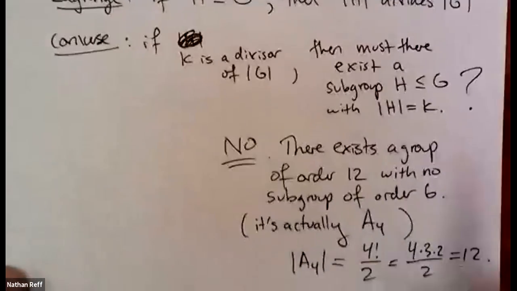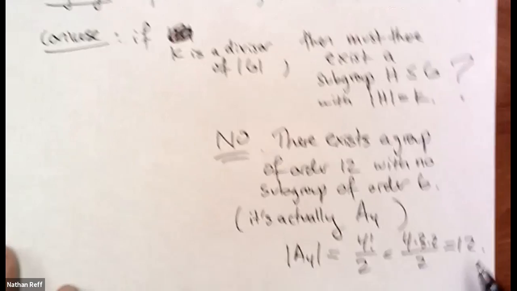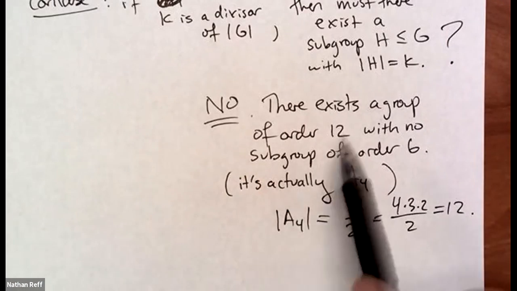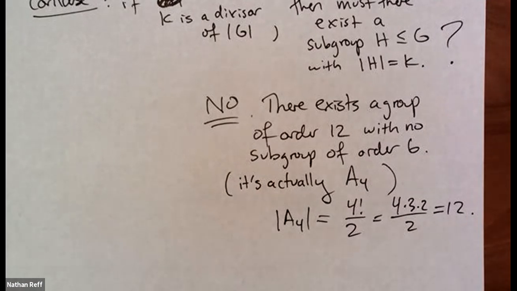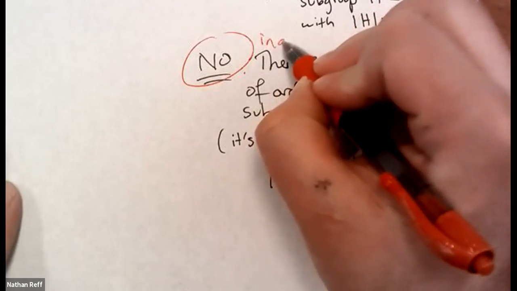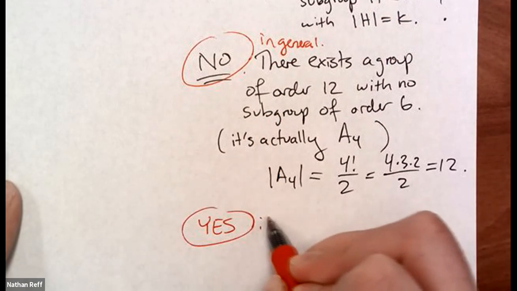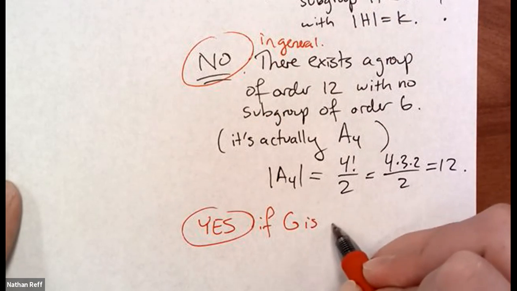But for non-cyclic groups, it turns out that it's not true. The smallest such example is of order 12. Beyond 12, the number of non-examples grows. So it's no in general, but yes if G is cyclic.